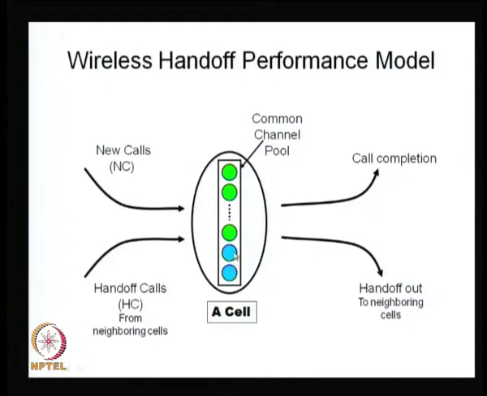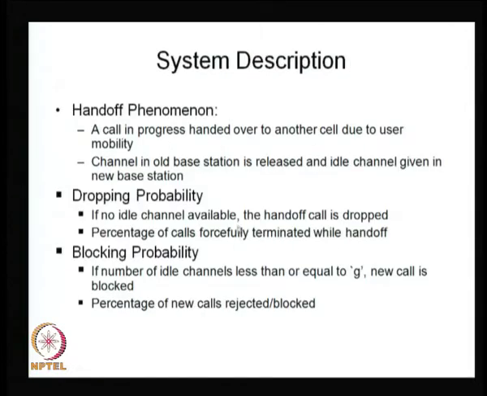Suppose out of capital N channels, you reserve some G channels for the handoff calls. That means if the number of idle channels is less than or equal to G, then the new call will be blocked, whereas if a handoff call enters the system, a channel will be allocated.